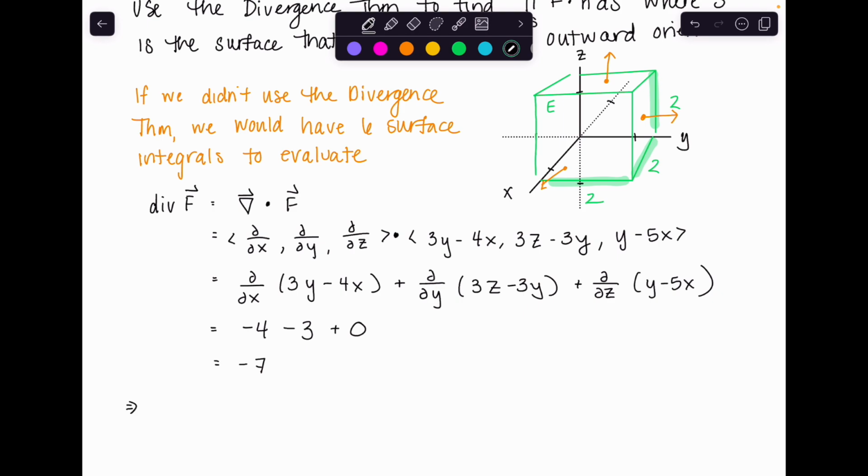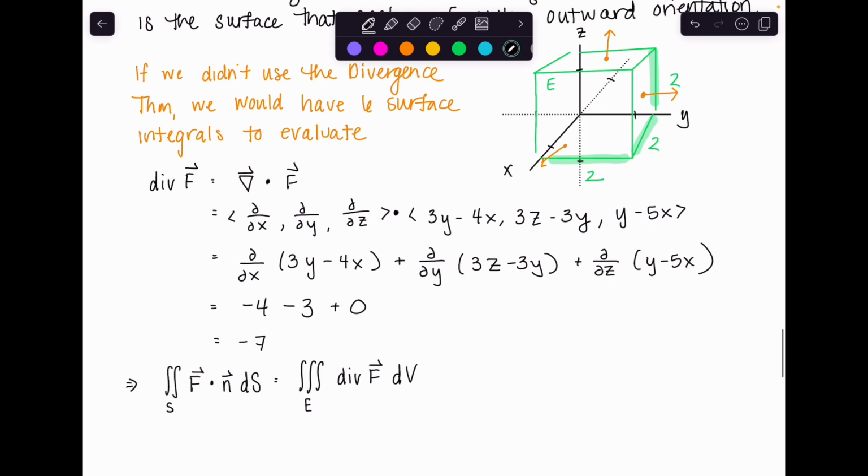So my surface integral over this entire surface becomes the triple integral over this cube E. And then we put the divergence of our vector field in here.